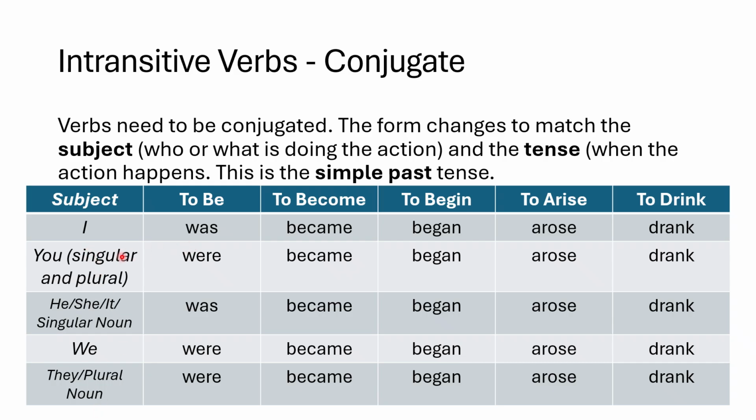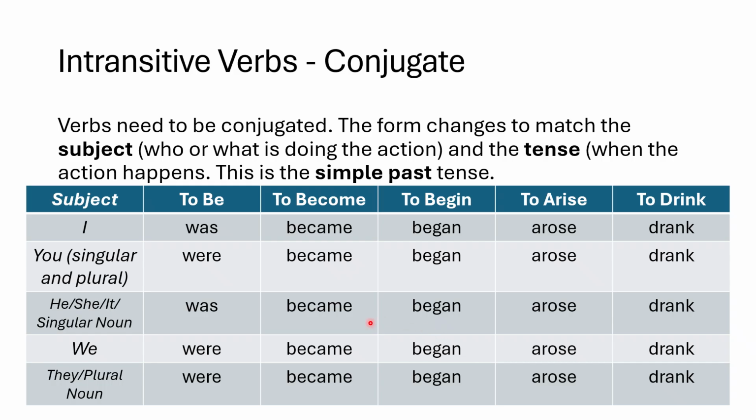I was. You were. He was. She was. It was. We were. They were. I became. You became. He became. She became. It became. We became. They became. I began. You began. He began. She began.